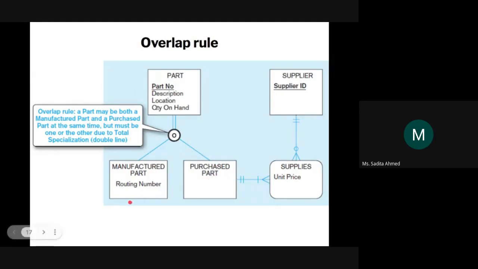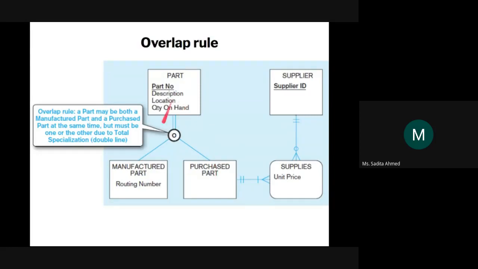Sometimes they are manufactured, sometimes let's say they are purchased. Let's say for example, suspension. Sometimes the factory manufactures it, in some cases they purchase it, right? And let's say there's another part, let's say the seat.